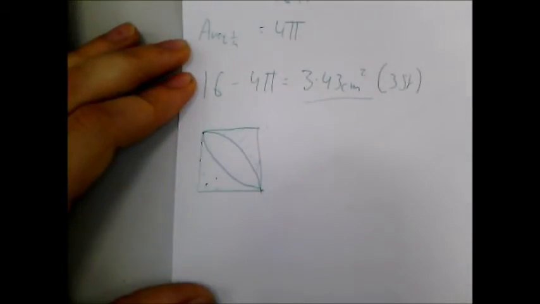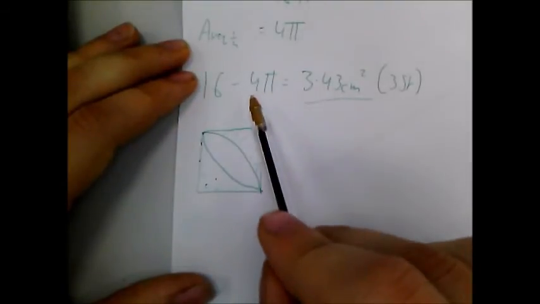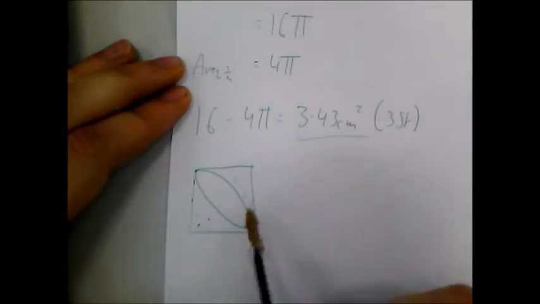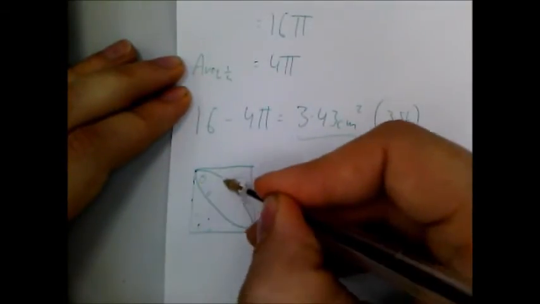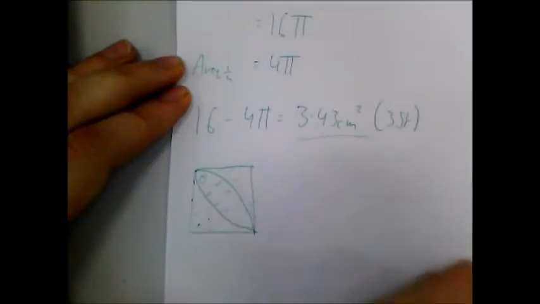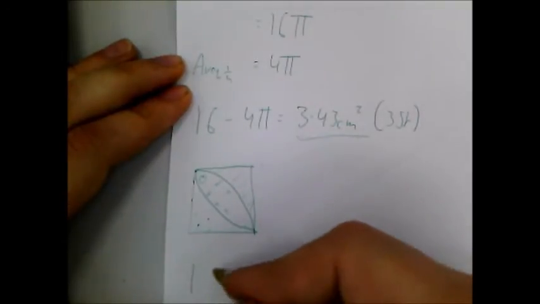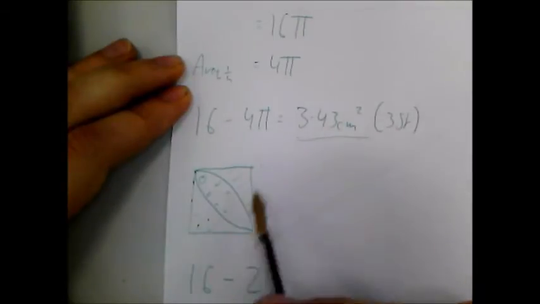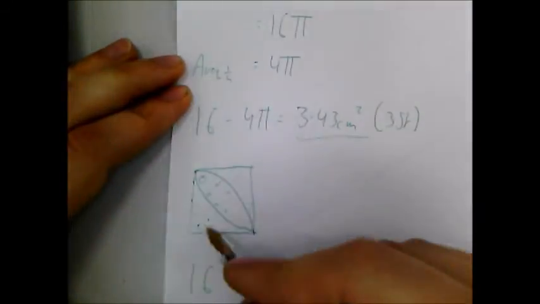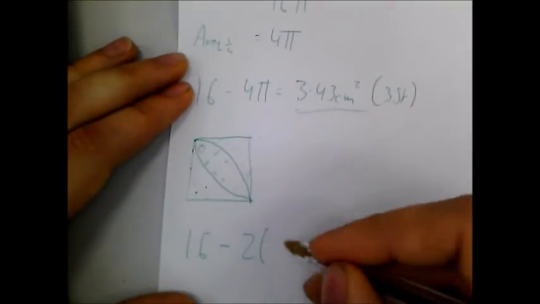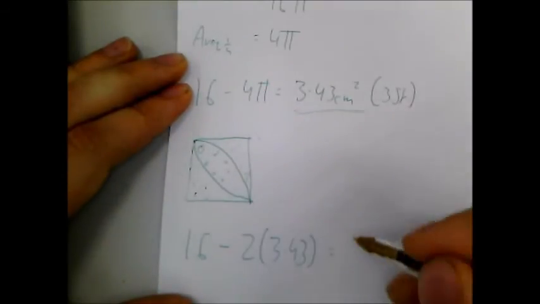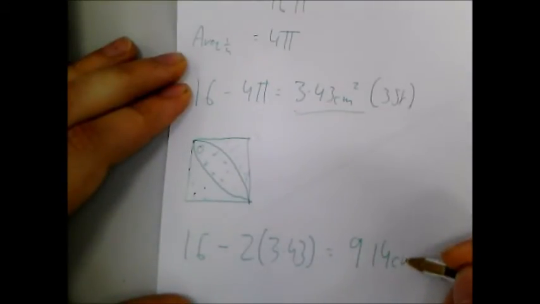So I can take off another lot of 3.43, and this will give me the area of this flower petal shape here. So 16, the area of the square, minus 2 lots of the area of this shaded region, which is 3.43, will equal the area of this flower petal shape, which we get to be 9.14 centimeters squared.